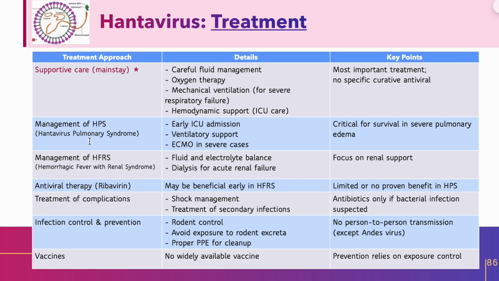And for hantavirus pulmonary syndrome or HPS, you support the patient with ventilatory support เครื่องช่วยหายใจเนาะ and admit to the ICU early, and you can use ECMO อันนี้เป็นเครื่องช่วยหายใจแล้วก็ช่วยเรื่องหัวใจด้วยนะคะ This kind of treatment can support the patient to reduce the risk of death.